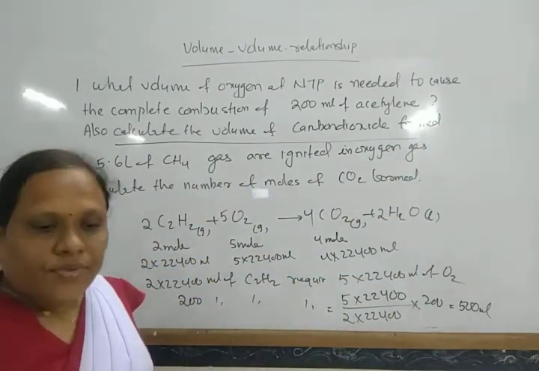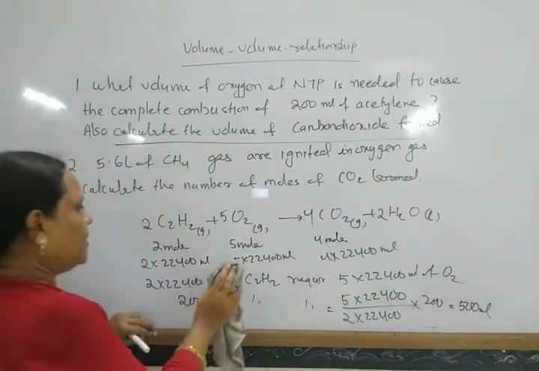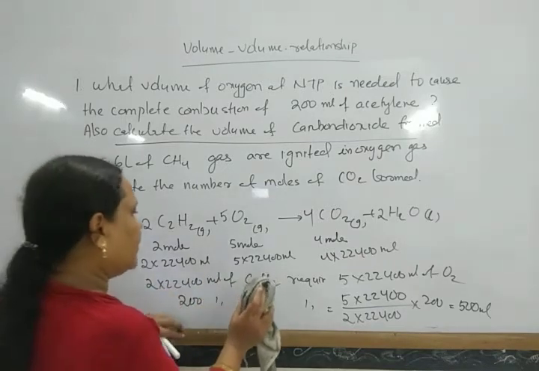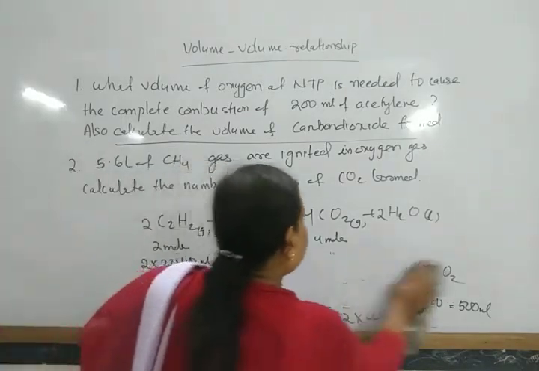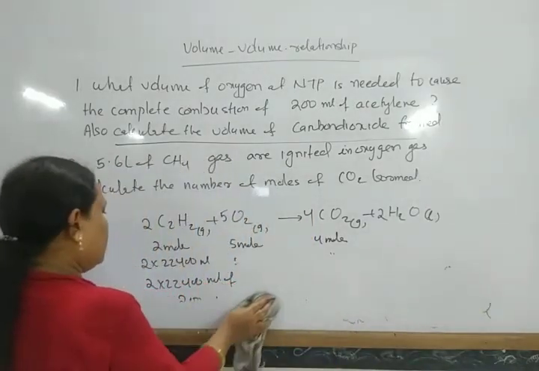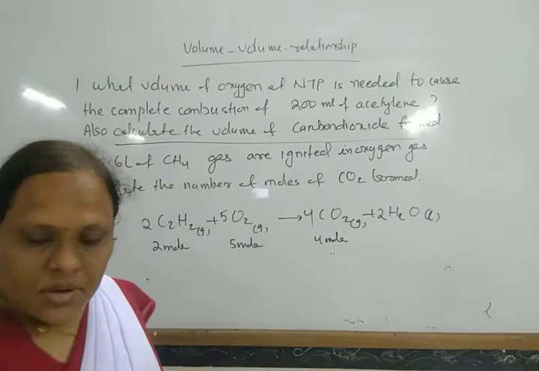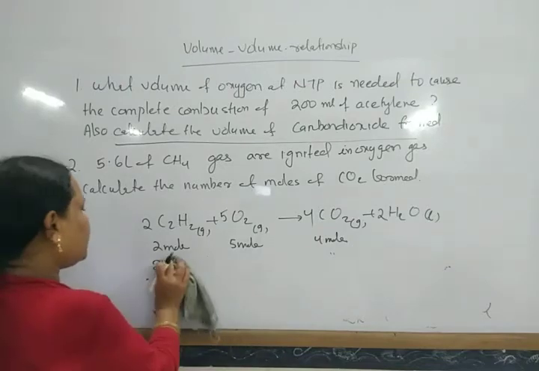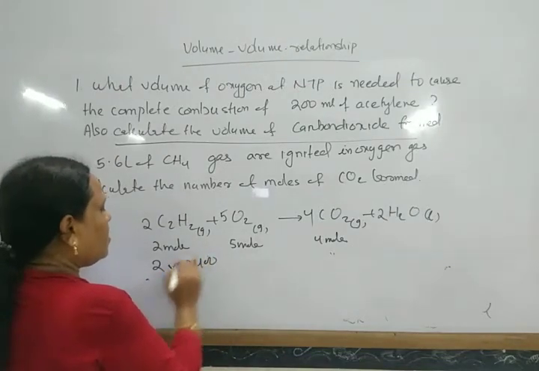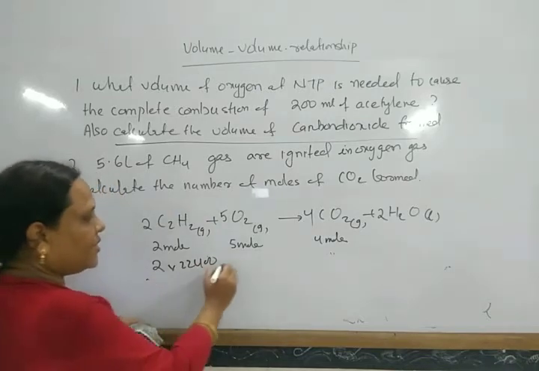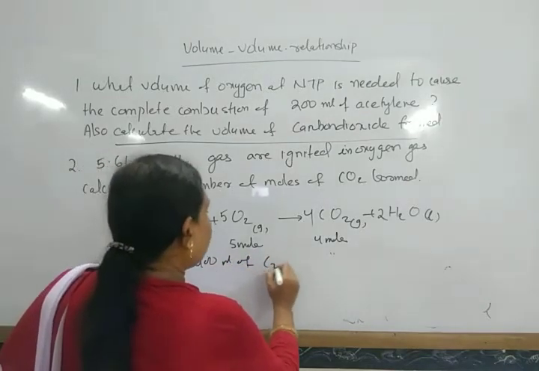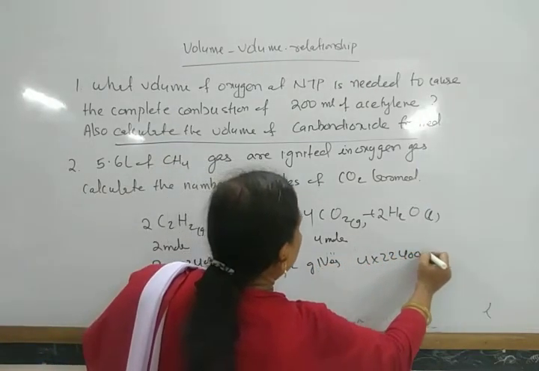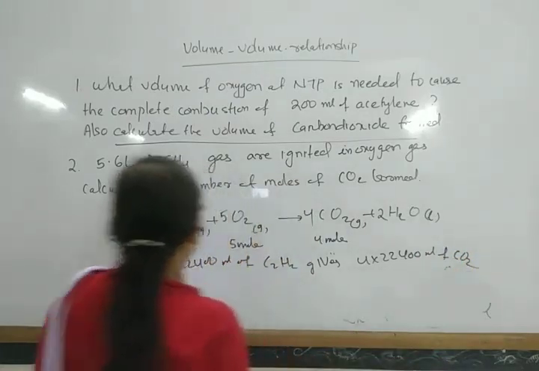So for calculating the volume of carbon dioxide, 2 into 22,400 ml of acetylene gives 4 into 22,400 ml of carbon dioxide.